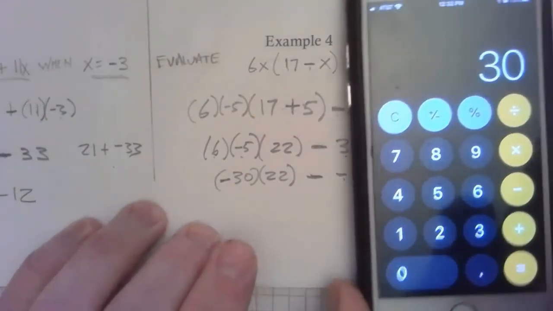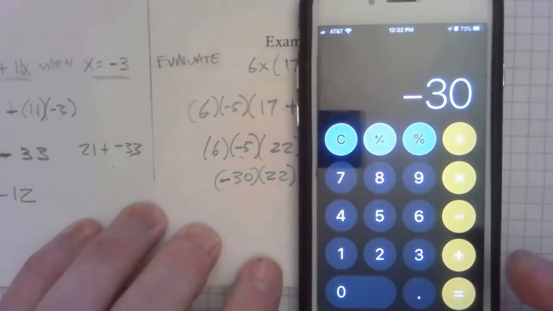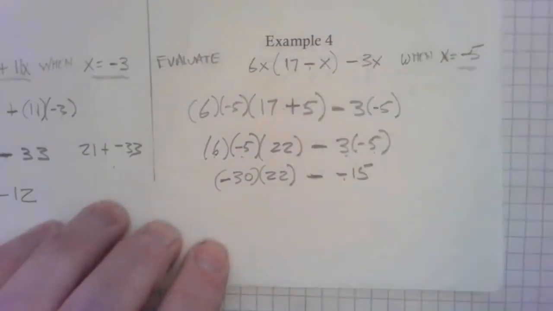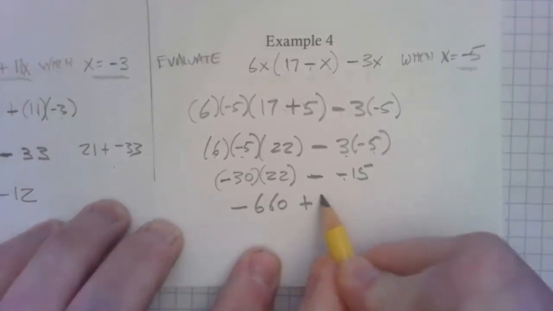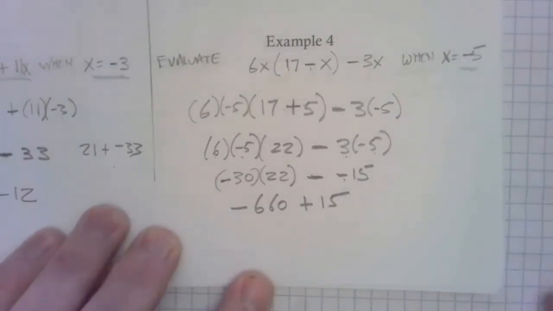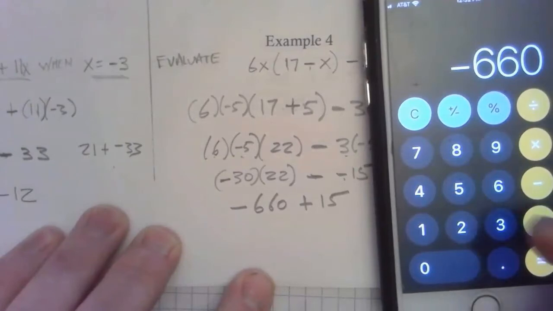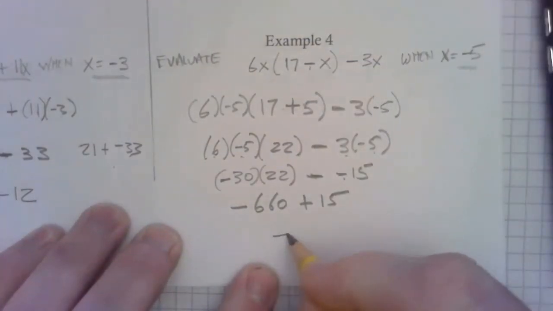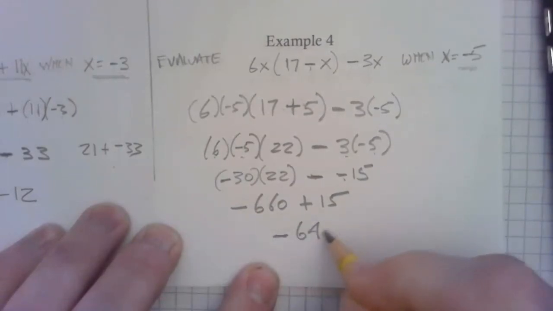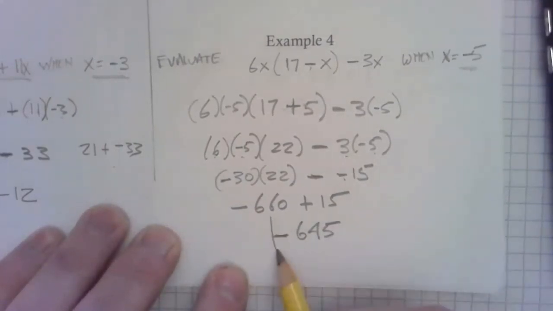So 30, make it negative, times 22. All right, it's negative 660. Negative 660 plus 15 equals negative 645. There you go.